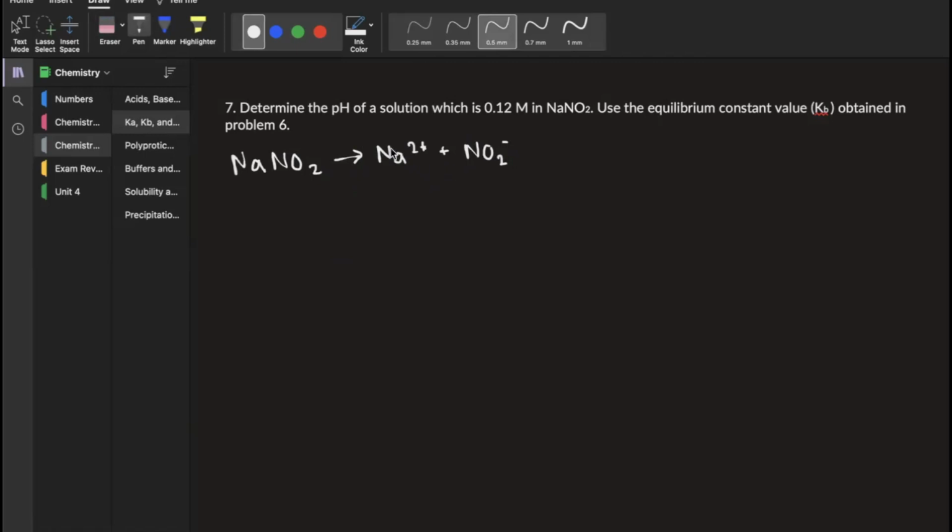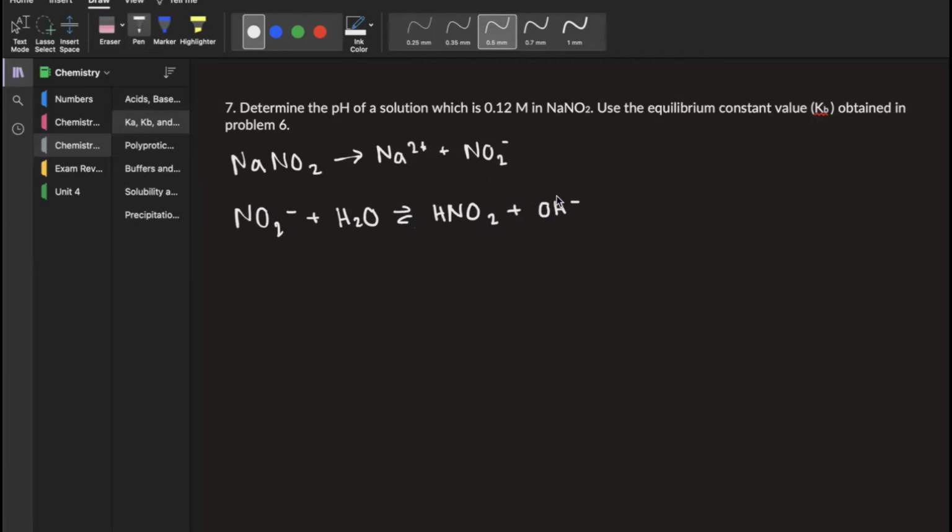So using these now, we can have one, the NO2 minus, work as a base. So our new equation is going to be NO2 minus plus H2O gives us HNO2 plus OH negative.